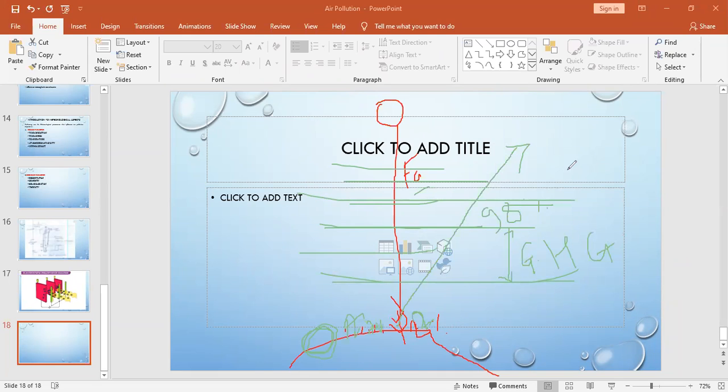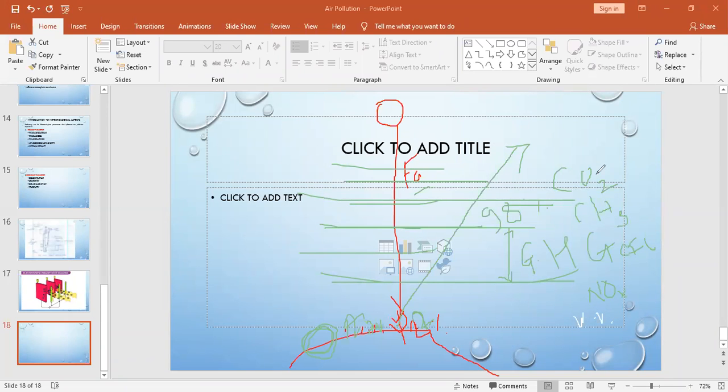These are nothing but carbon dioxide, then methane, then CFC, then oxides of nitrogen, NOx as we used to mention, and then water vapor.